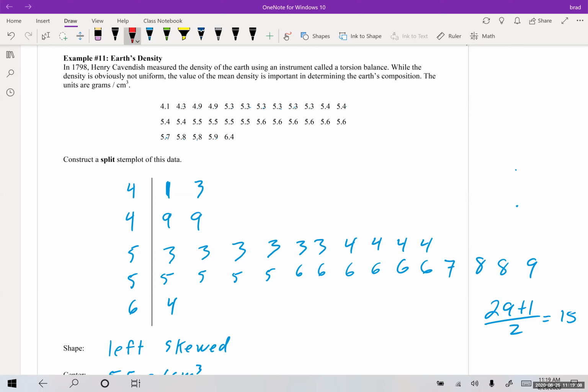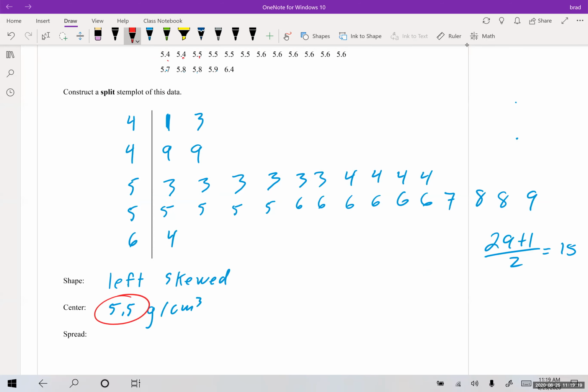So I'm going to count the 15th data value. 1, 2, 3, up to 15. So that's where I got the 5.5 from. The 15th data value is the center, and as it turns out, that is the number 5.5.